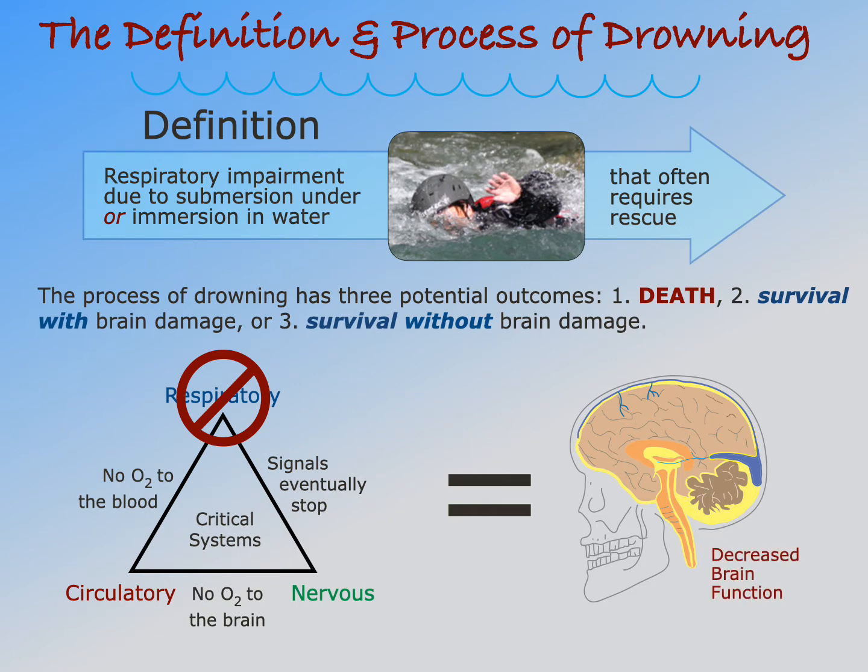And just like the video we just watched, when people start to drown, you watch them go from awake to voice responsive, to pain responsive, to unresponsive fairly quickly. And if they don't get oxygen, they're going to die.